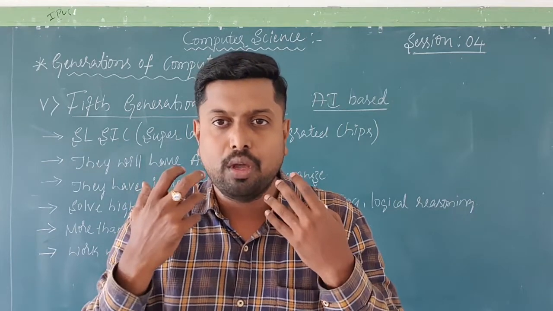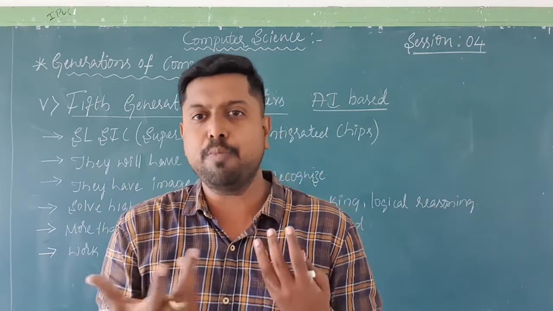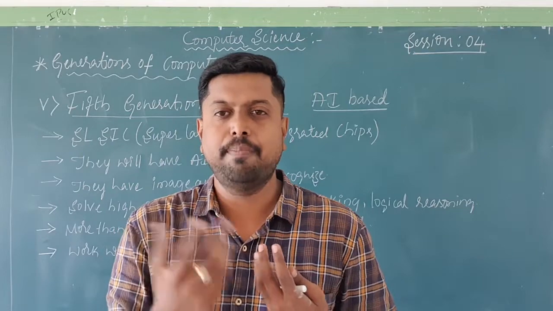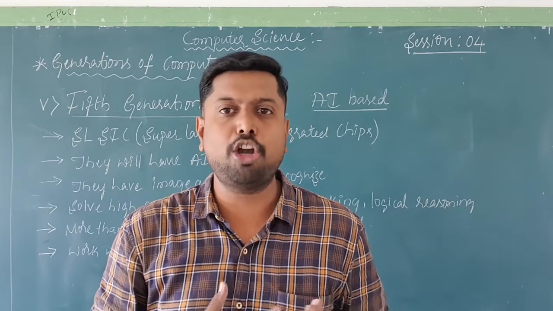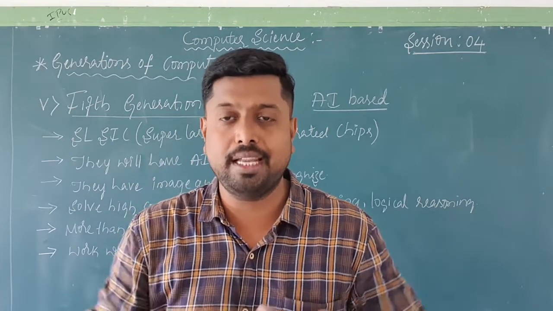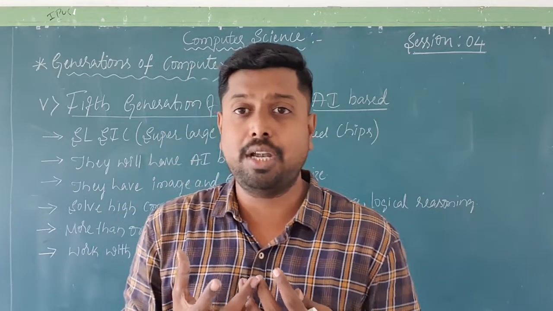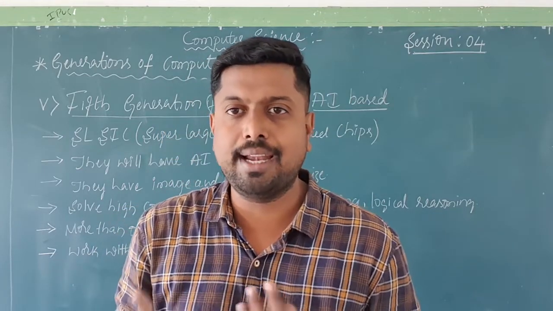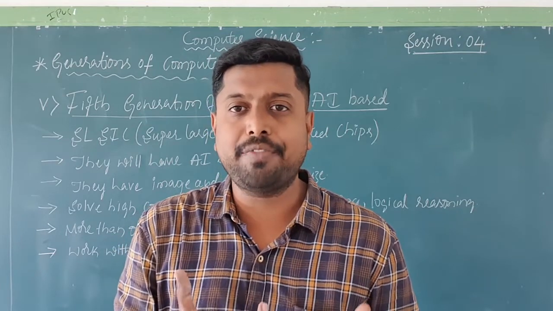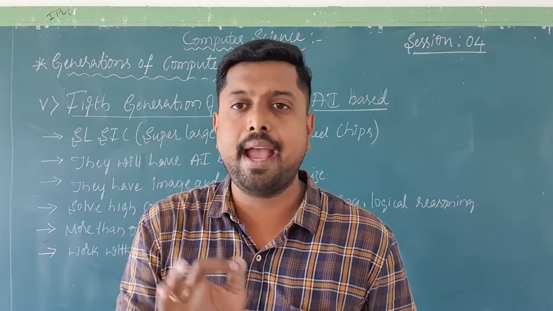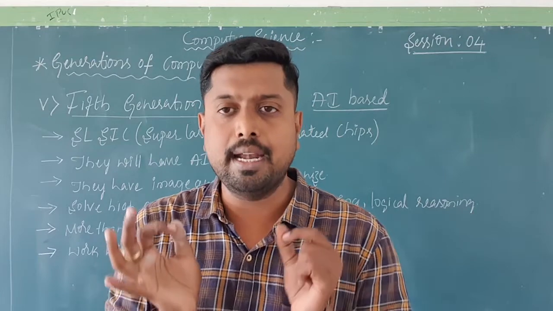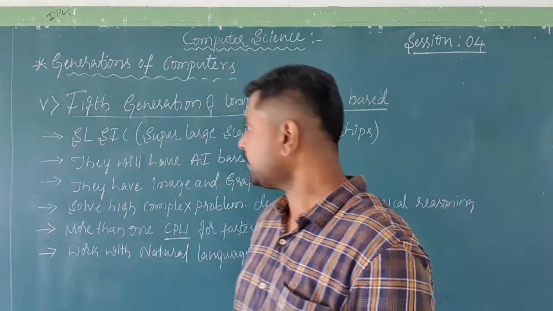It will communicate like a human being. That's why it is intelligence. But that intelligence is not natural, it is artificial, pre-made. That's why this type of technology is called AI based, artificial intelligence based.